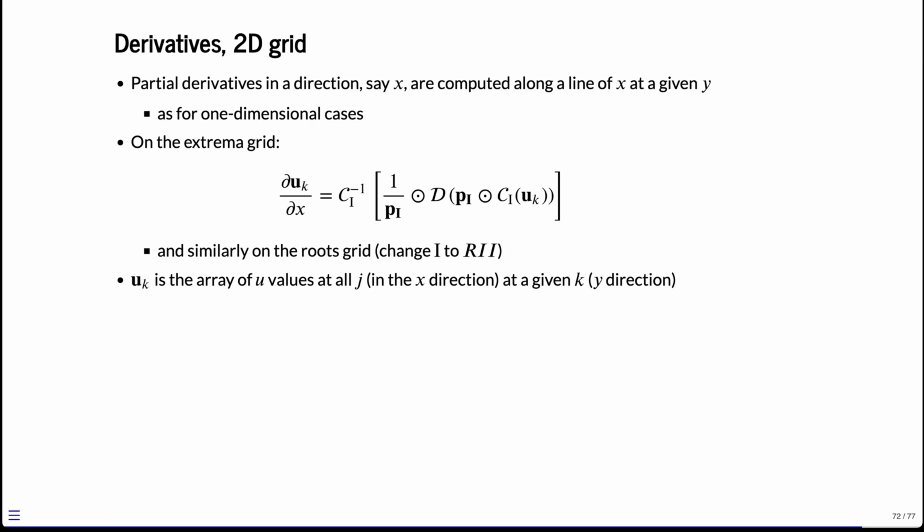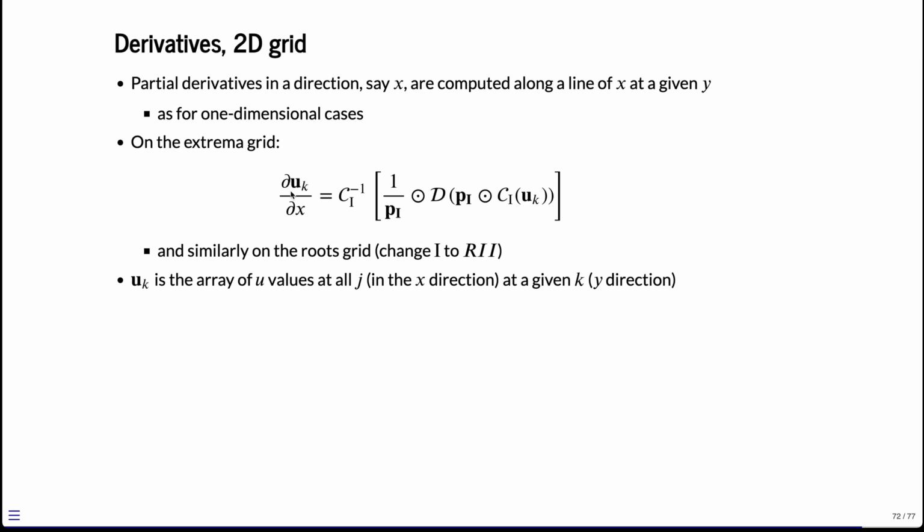In order to compute derivatives on the 2D grid, I'm showing a derivative with respect to x. In this case, it's basically just like it was for the discrete Fourier transforms in 2D, where we can consider a line of points and just compute the derivative along that line.